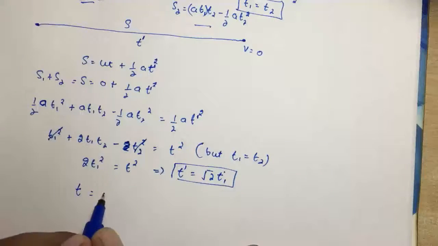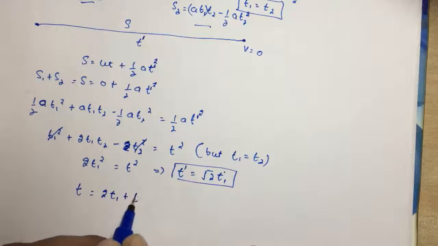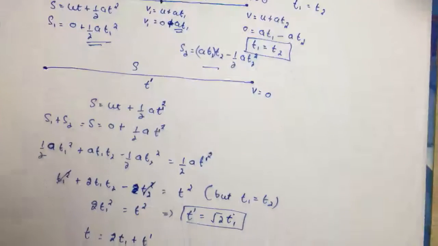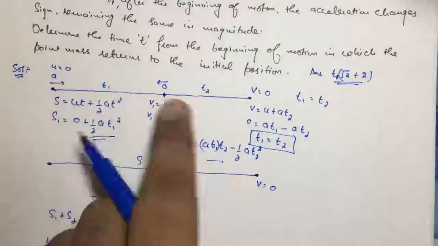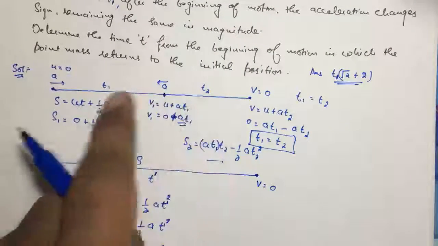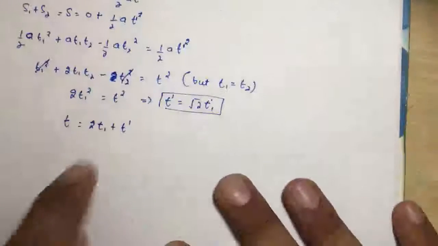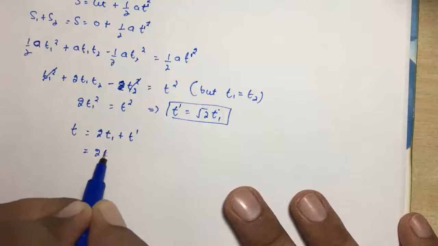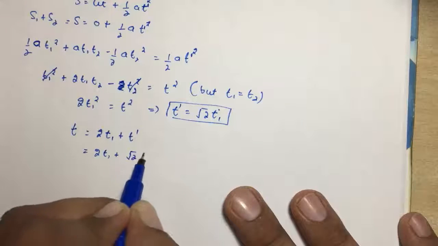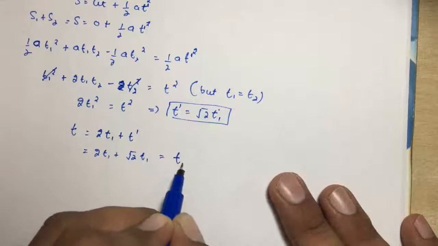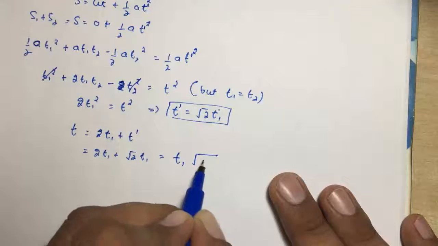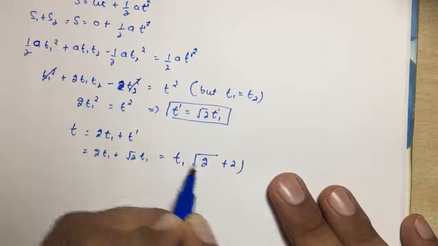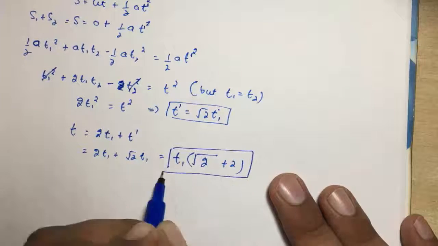So t is 2 t1 plus t dash. Why am I writing 2 t1? Because t1 and t2 are equal, so I can write 2 t1 plus t dash. So 2 t1 plus t dash is equal to 2 t1 plus root 2 t1. Now taking this t1 common, this is (2 plus root 2) t1. This is my answer. Thank you.